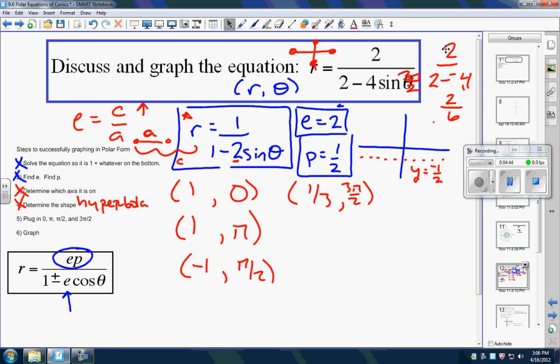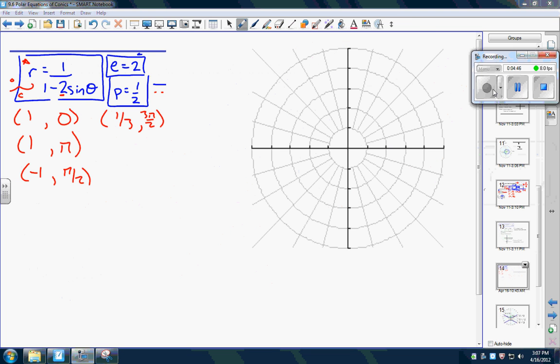So I'm going to pause it here again real quick, grab those points, and transfer it over to a place where we can graph them. So what we found again, when we do these, are vertices, or vertexes. So these 4 things are going to be vertices. So let's plot them and see what happens. 1 in the direction of 0. 1/3 in the direction of 3 pi over 2.